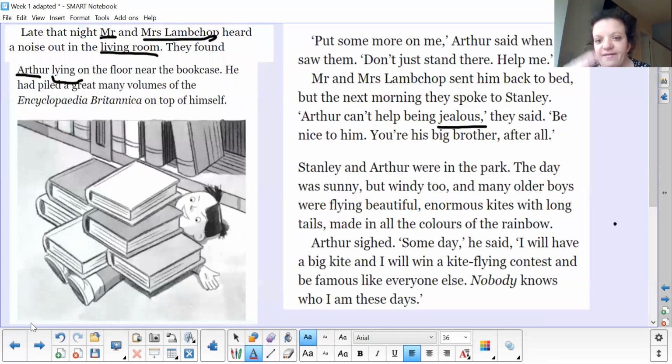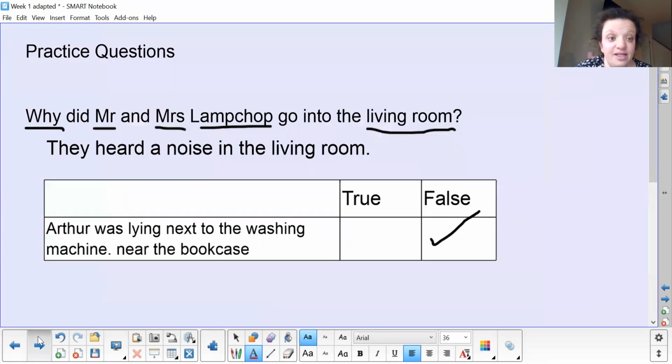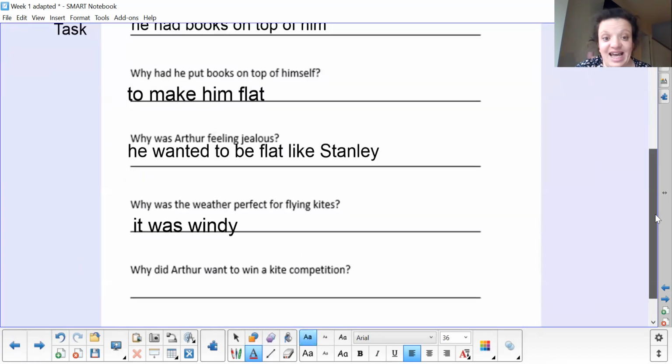Okay, and why did Arthur want to win a kite competition? Why did he want to win a kite flying competition? Have a little read. Pause and write down your answer. Okay, and the answer you should have put down was he wants to be famous. Nobody knows who he is like Stanley.